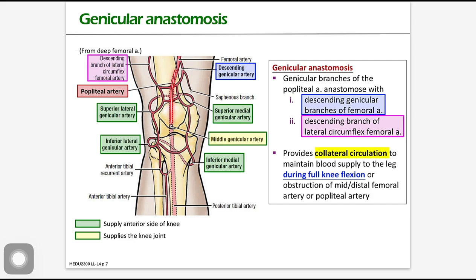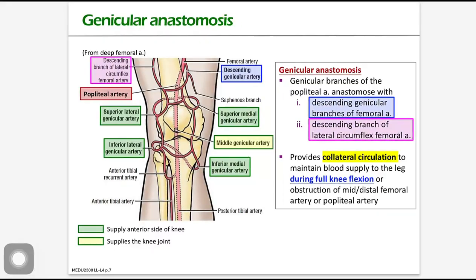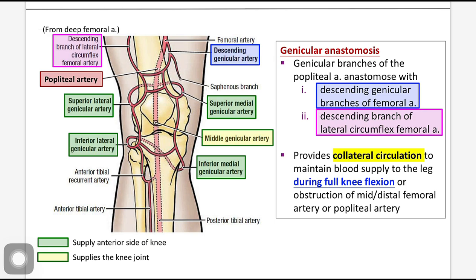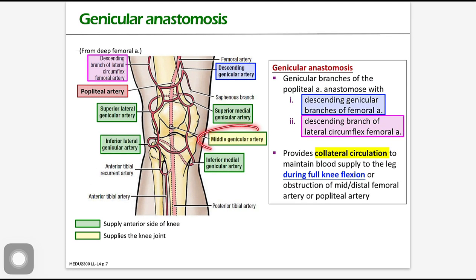Now, the branches here of the popliteal artery, you see that it's actually connecting with the descending genicular artery, and then also with this descending branch of the lateral circumflex femoral artery. So these two form the anastomosis, and now you can see that even though there is a blockage here, there is still other blood supply that can nourish the knee, no matter whether we are talking about the knee joint inside or the anterior surface of the knee.